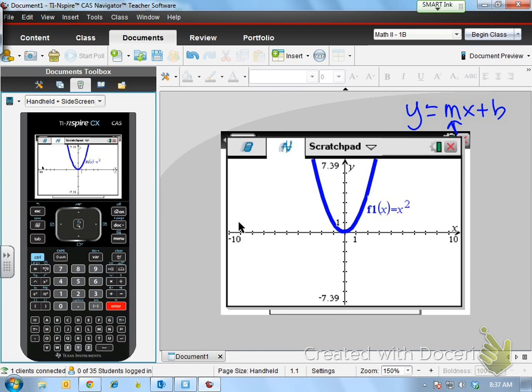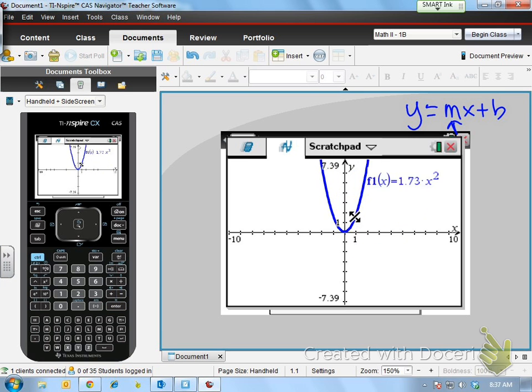Let's try this again. It's stretching it and shrinking it, and I want it to move.